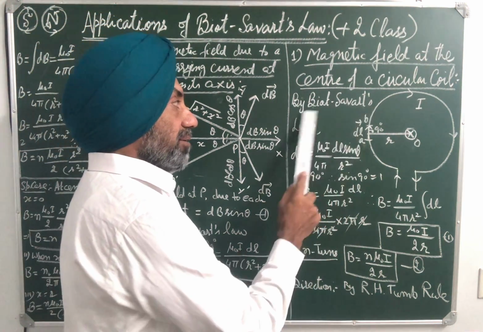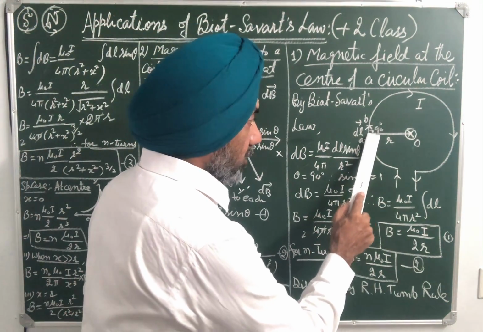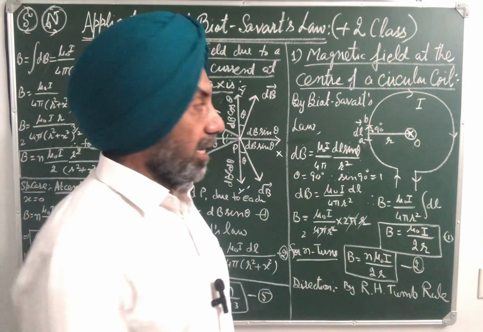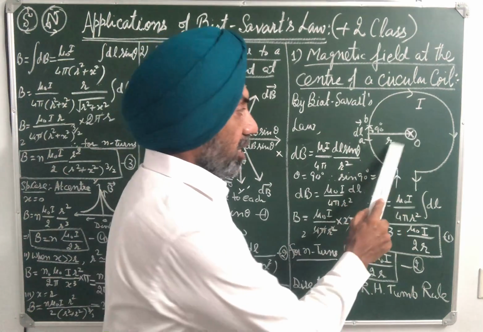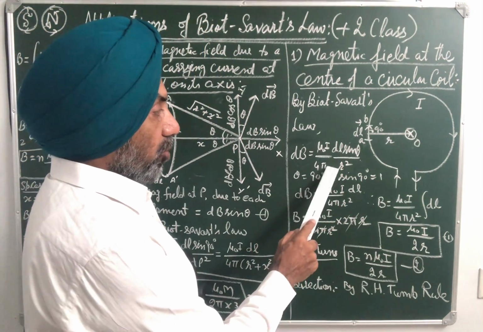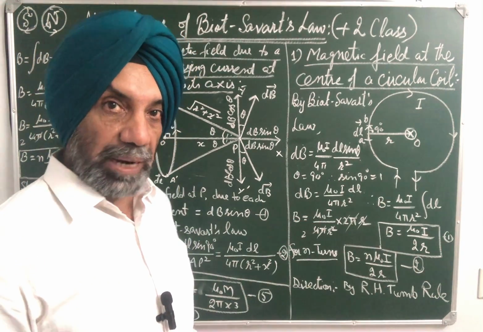Then, by Biot Savart's law, the magnetic field due to the small current element of length dl carrying current I at center O, that is at a distance r, is given by dB equal to mu naught I upon 4 pi, dl sin theta over r square. This is Biot Savart's law.